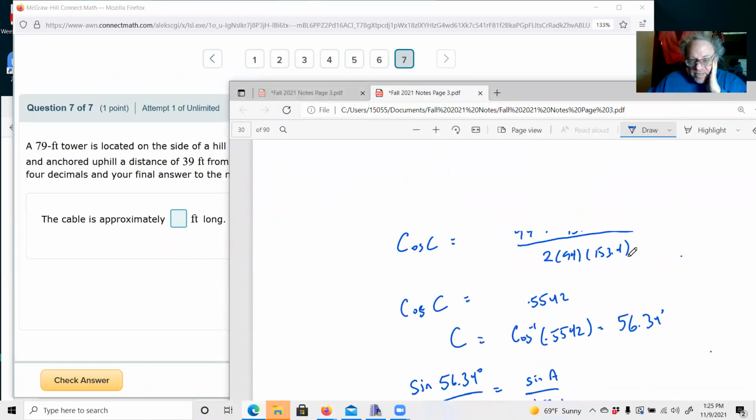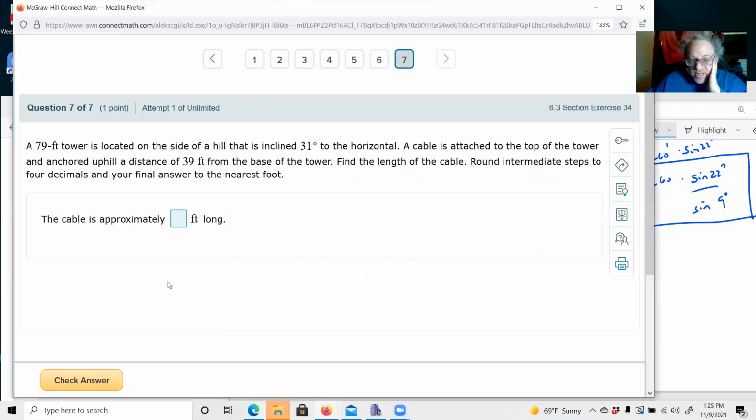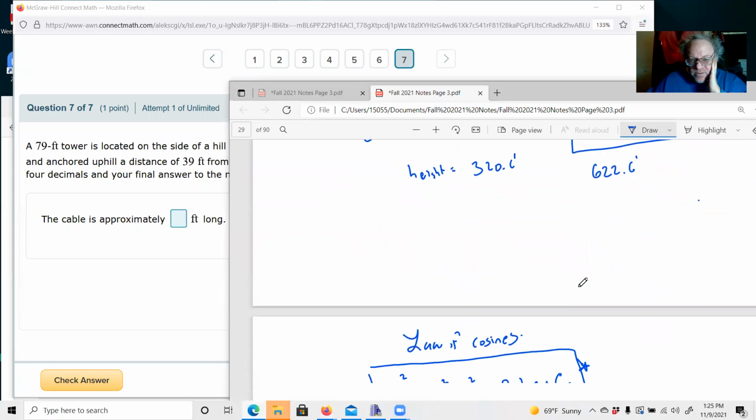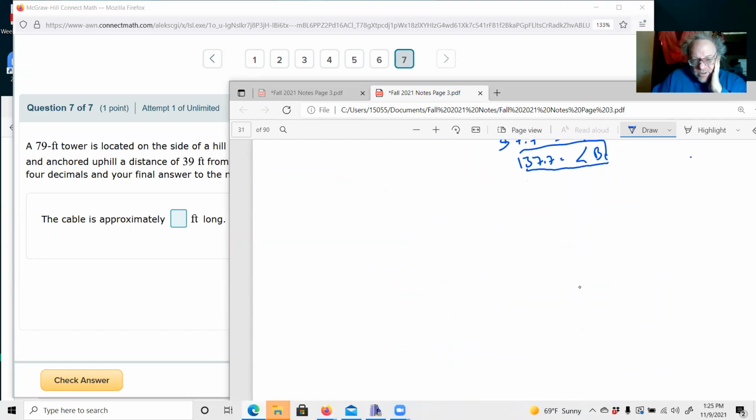Practice 6.1, that's our application problems. 5.5 is trigonometric equations. So just to review, it's up at the beginning of this thing, but let's put it at the end. So 5.3, double angles.